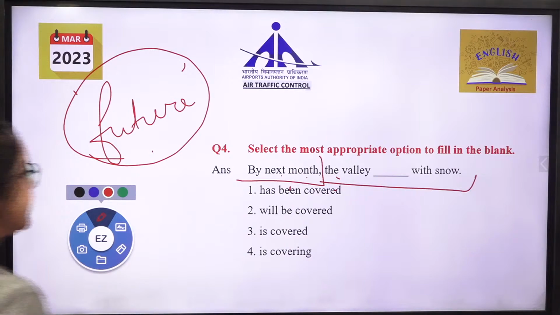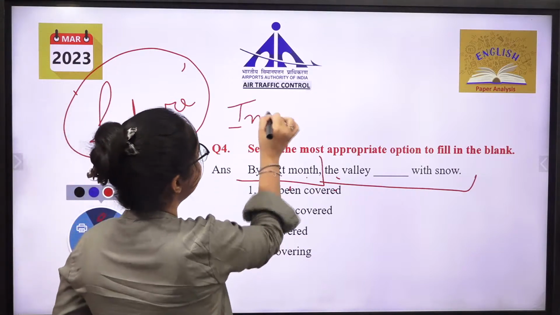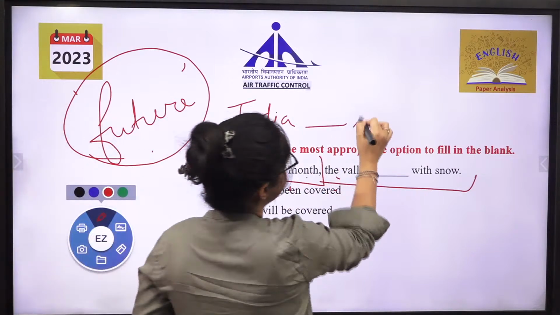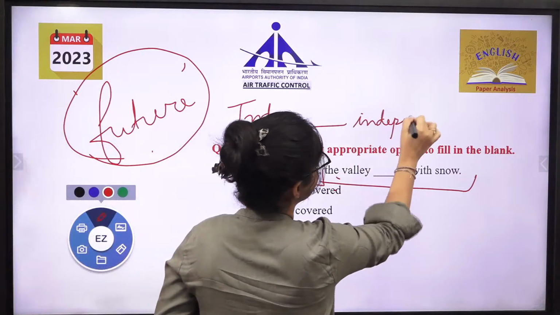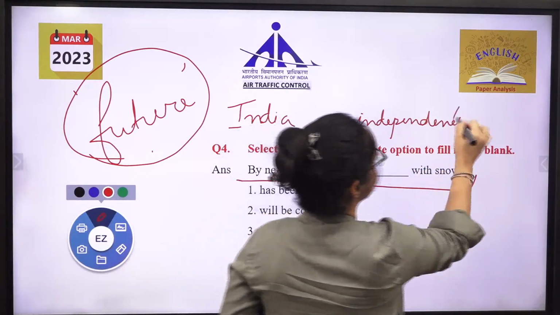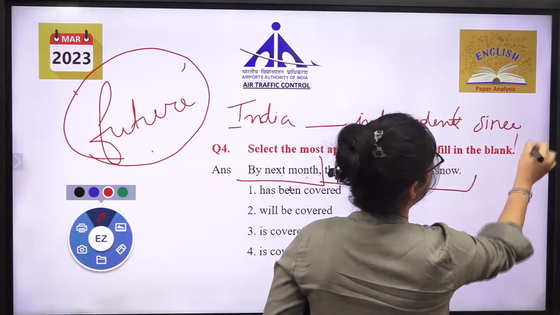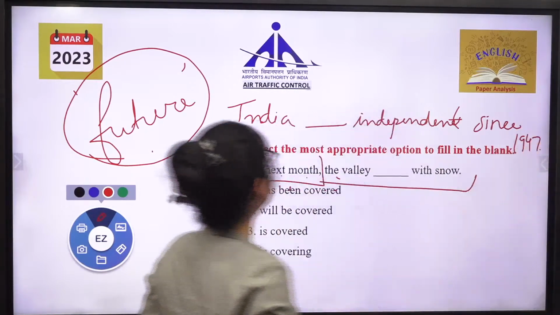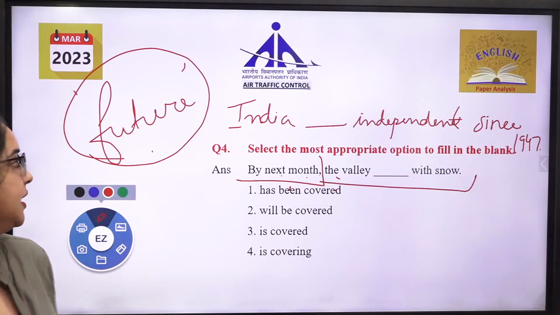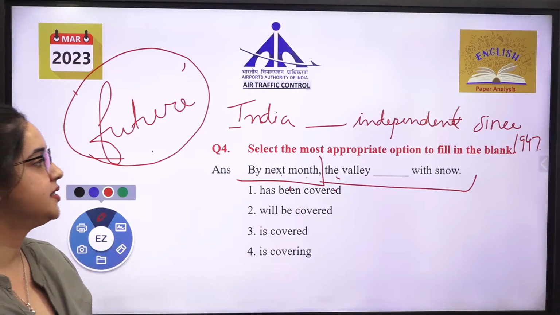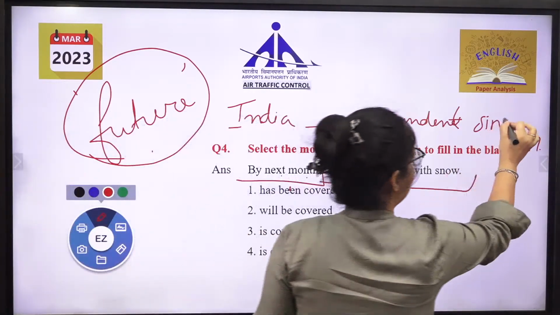Now, I ask you one sentence. India dash independent since 1947. What will be the answer you are going to give? India dash independent since 1947. What will be the answer?